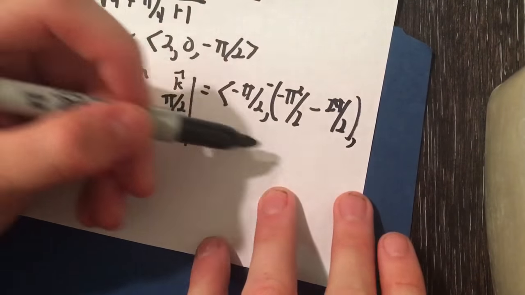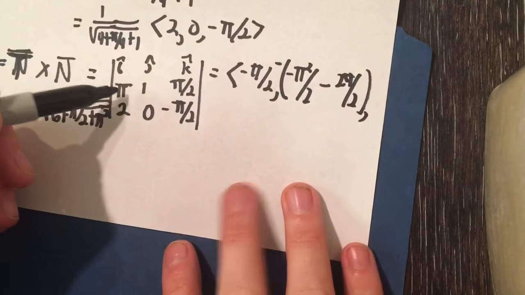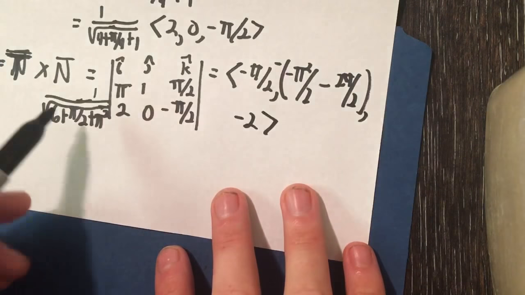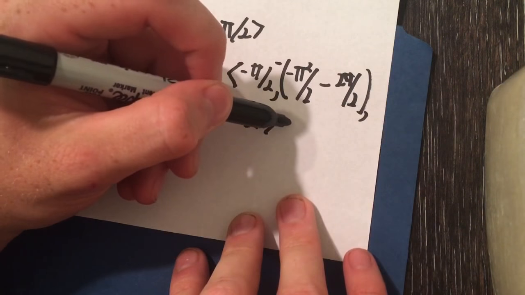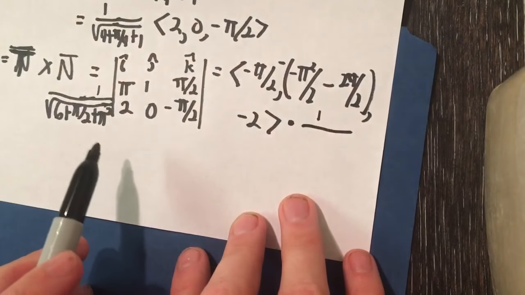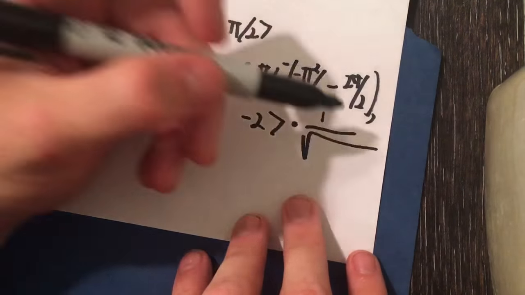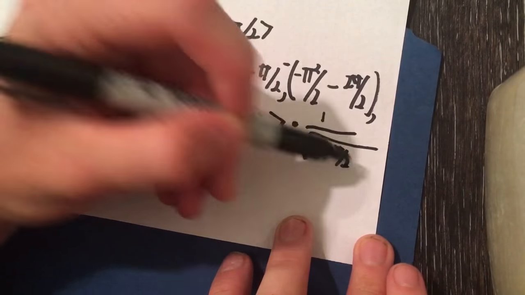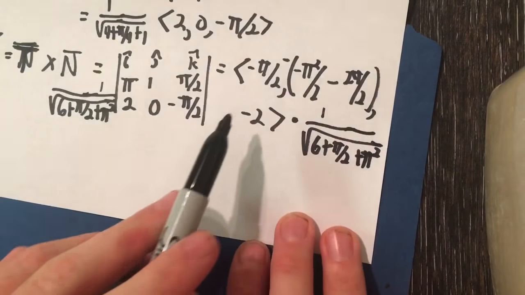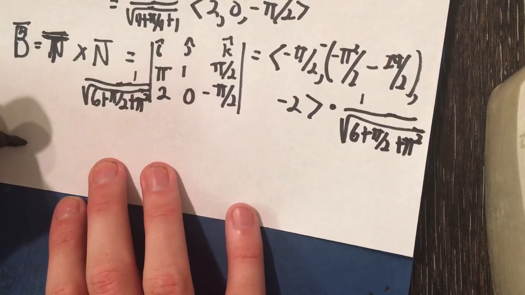And then for the k component, it would be 0 minus 2, which is negative 2. And that is all multiplied by, not dot product, multiplied by this magnitude which we factored out, 1 over the square root of 6 plus pi over 2 plus pi squared.